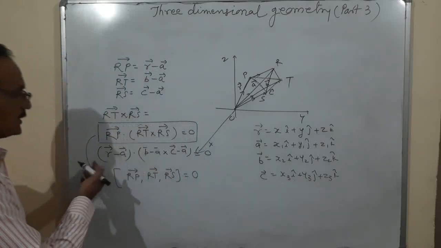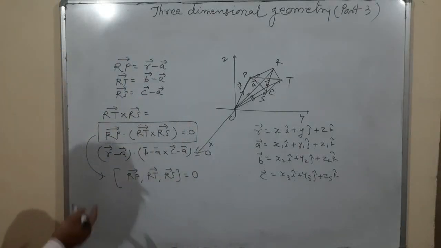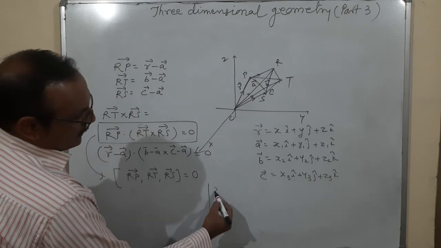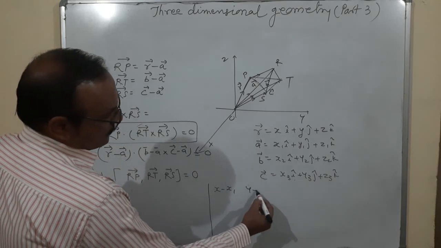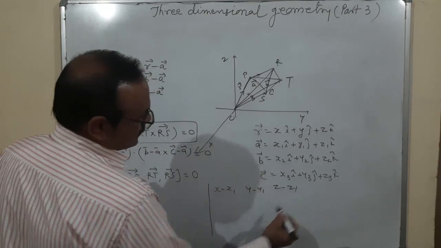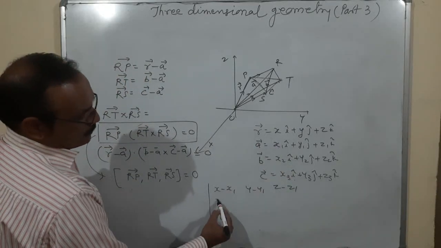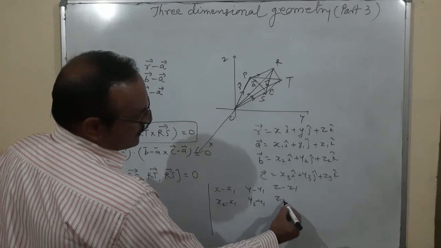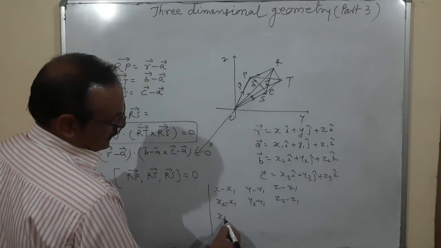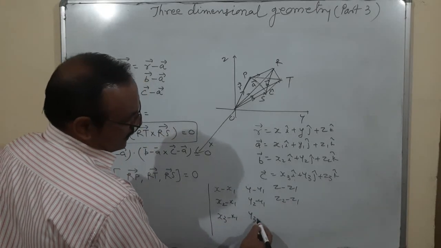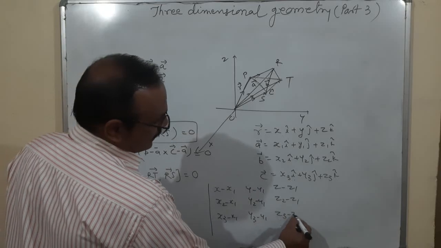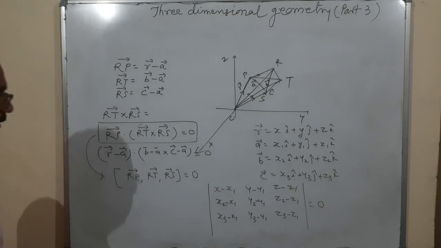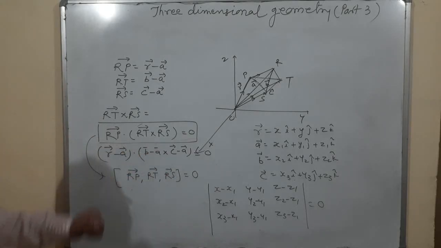And when we replace these terms here after calculation, then you get the determinant: x minus x1, y minus y1, z minus z1; x2 minus x1, y2 minus y1, z2 minus z1; x3 minus x1, y3 minus y1 and z3 minus z1 is equal to 0. Okay, you can solve it and you'll get the result.